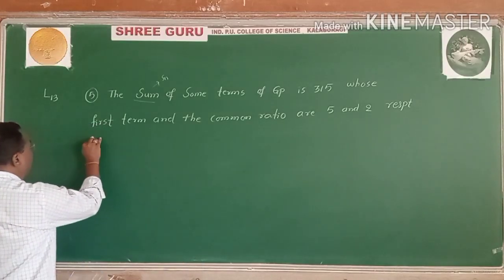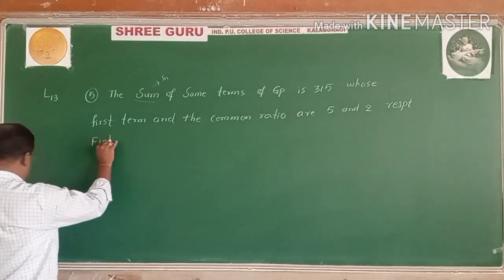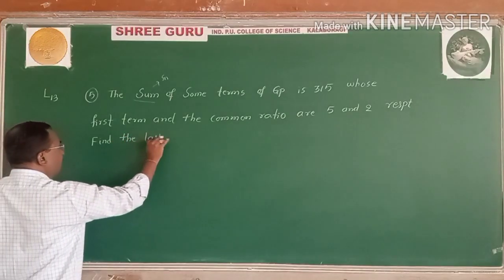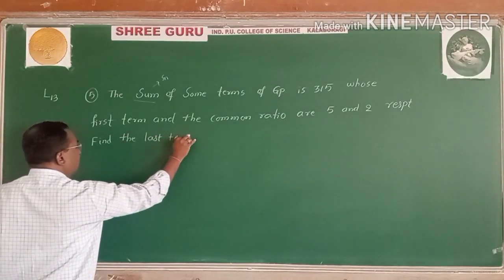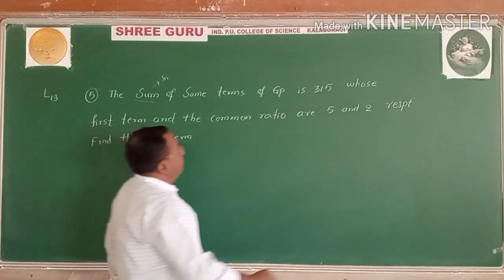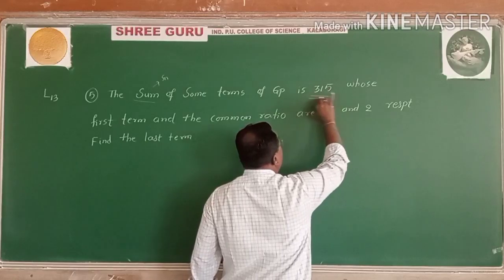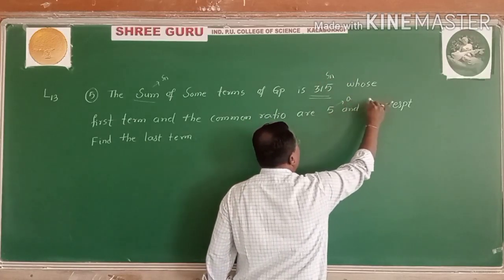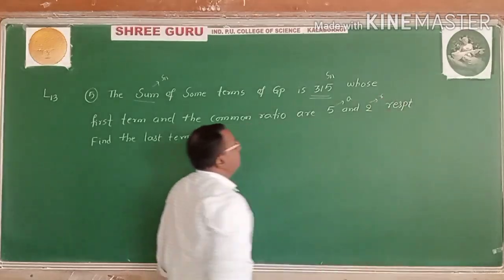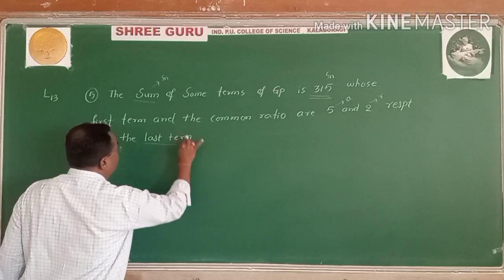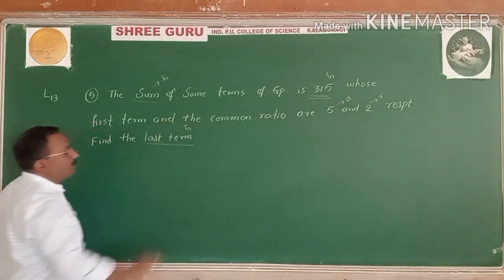Find the last term. This is Sn, this is a, this is r. To find the last term means to find Tn.